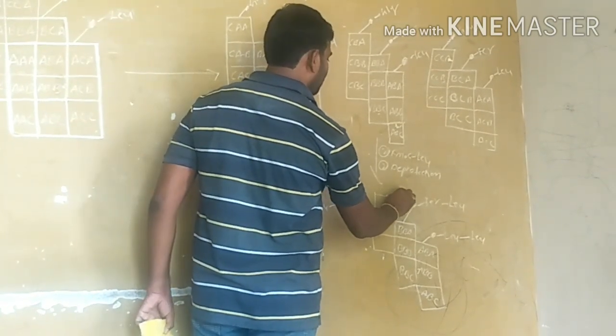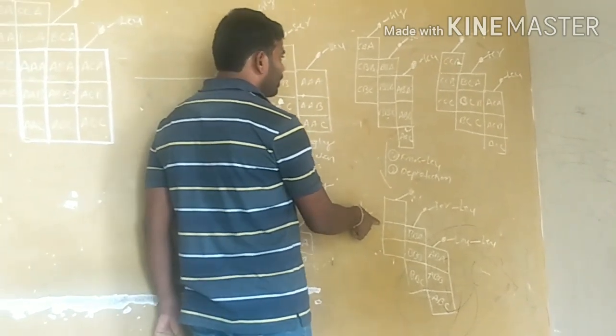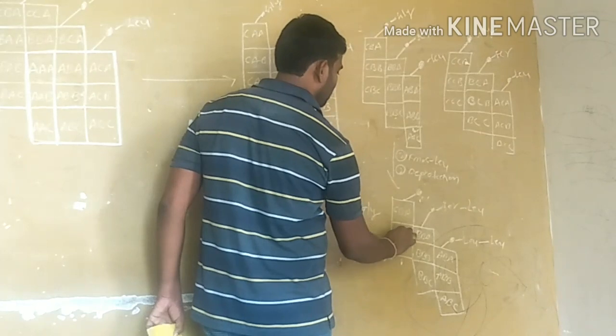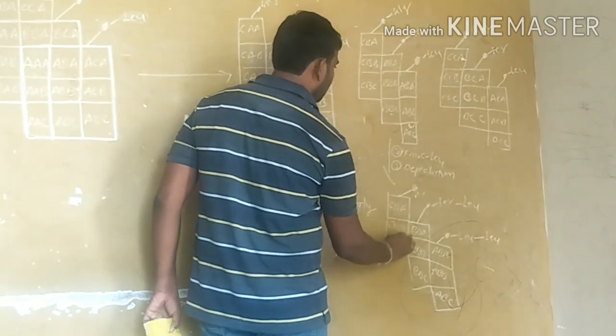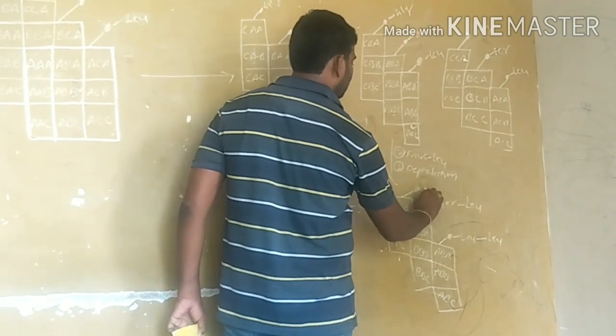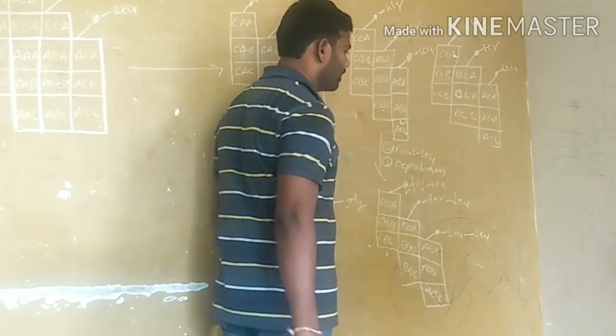In the third sheet, there is the bottom sheet: CBA, CBB, CBC. The already attached first amino acid is glycine. With this, now attaching second amino acid leucine.